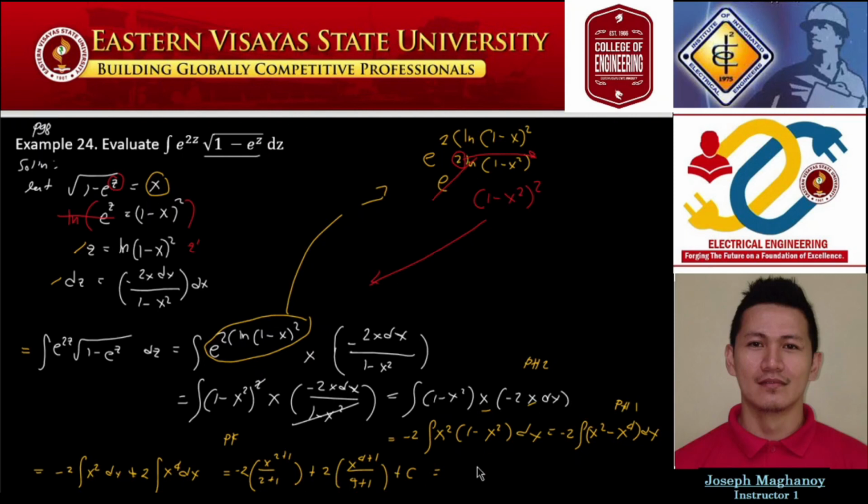So your answer would be negative 2/3 x cubed plus 2/5 x to the 5 plus c. Okay, but before you proceed, you need to recall your value of x. So you know your value of x, so just replace it.